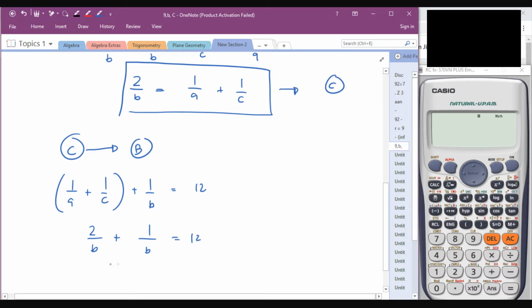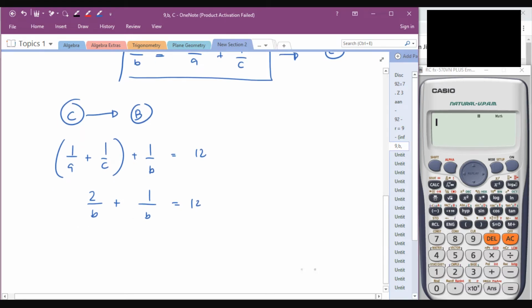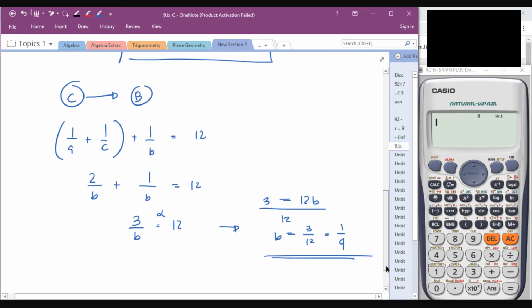Further simplifying, same naman ang denominator, we can add them. So, they are 3 over B equal to 12. So, cross multiply, magiging ganito ang value. So, that will be 3 equal to 12B. Divide both sides by 12, then you will arrive with 3 over 12, or simply equal to 1 over 4. Meron ka ng value ni B.